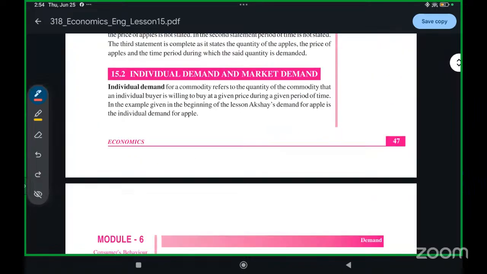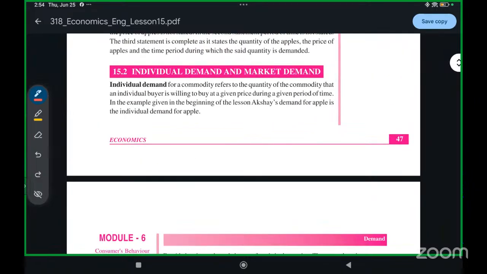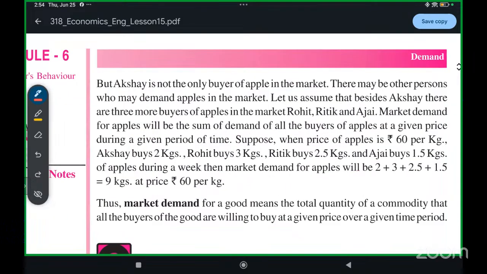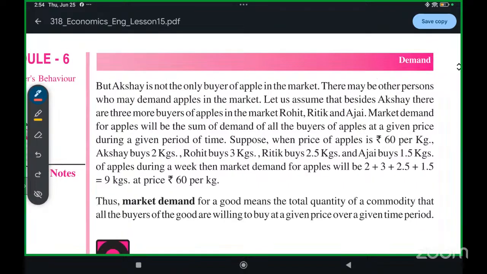Then after that we saw what is individual demand and market demand. Individual demand is the demand of only one person, whereas market demand is the demand of all the individuals on the whole.